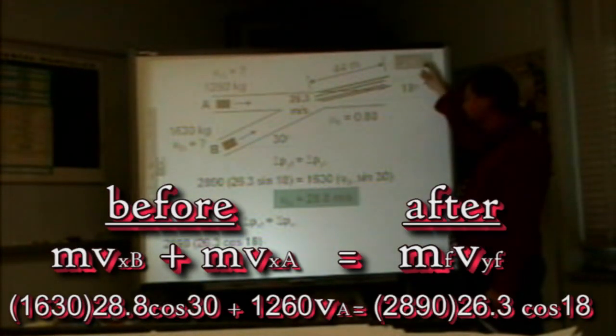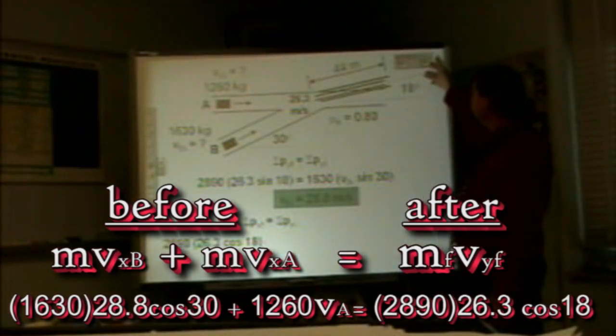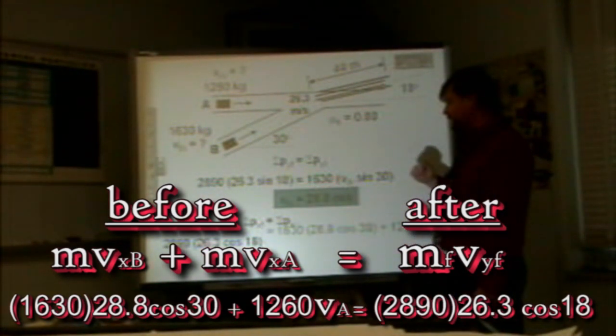And to find the x component, both cars have an x component. We have the cosine of 18 degrees of 26.3 with the two cars stuck together, times the mass of the two cars.